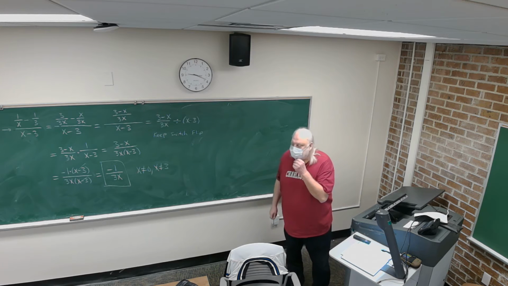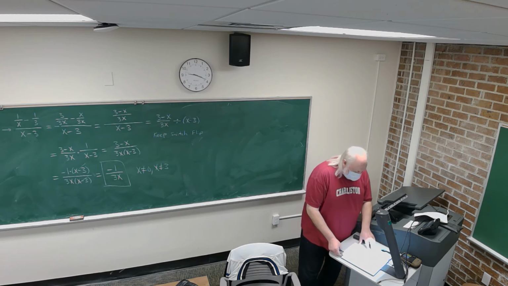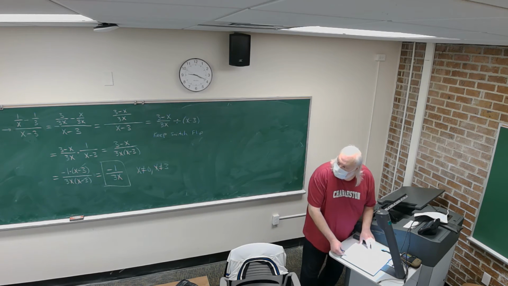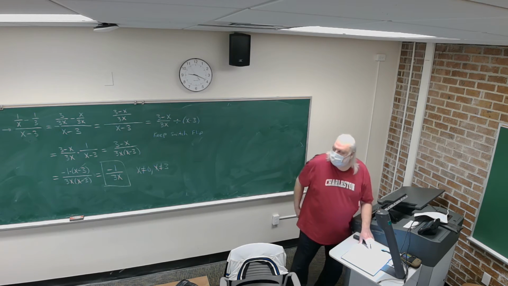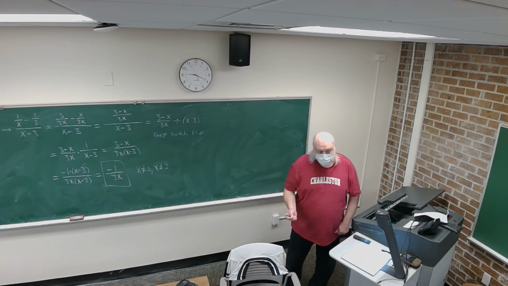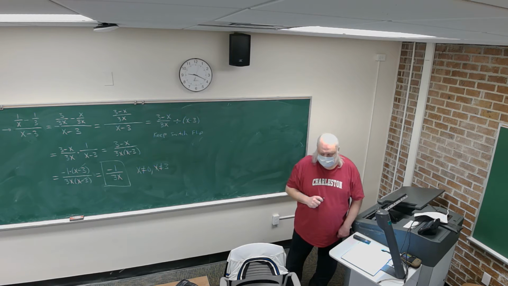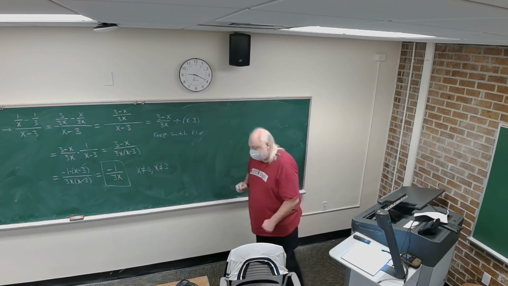Well, we use limits to investigate the value of a function near a particular value of x, but not at the particular value of x. So that's a big difference.